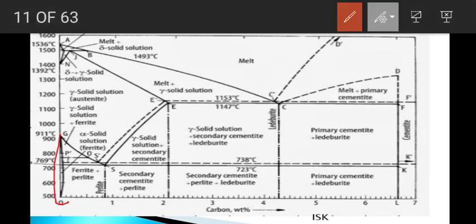Sorry, this is JQ, and at this region there is tertiary cementite. Here tertiary cementite is not explained because the amount of tertiary cementite is very low or negligible.